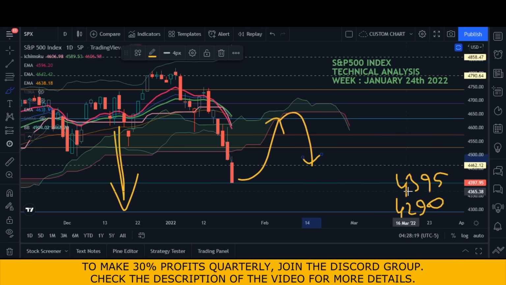So we have the support at 4395, and I have already mentioned these supports and resistances. What we are looking for here is particularly 4527.